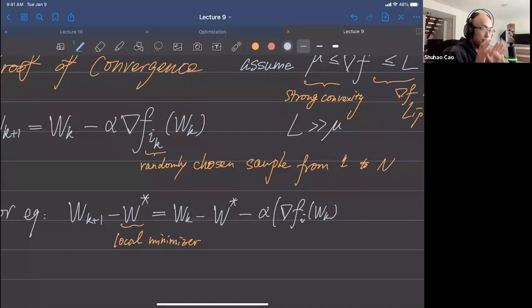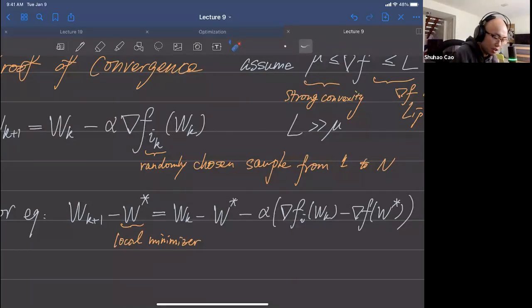And of course, we can insert one of our old tricks: the gradient of f at w star, and this equals 0. I want to emphasize that this is f, and this is f_i.